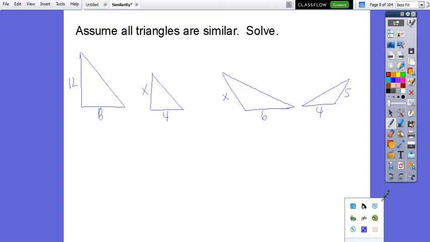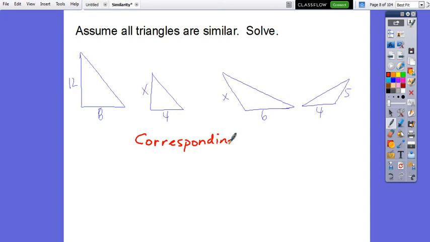So here's how we're going to do this. Since the corresponding sides are proportional, let's write that down before we actually do the problem. Corresponding sides of similar triangles.